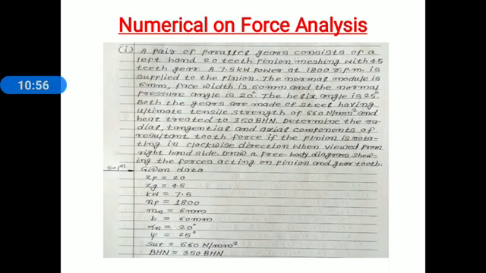The helix angle is 25 degrees. Both gears are made of steel having ultimate tensile strength of 660 and heat treated to 350 BHN. Determine the radial, tangential and axial components of the resultant tooth force.